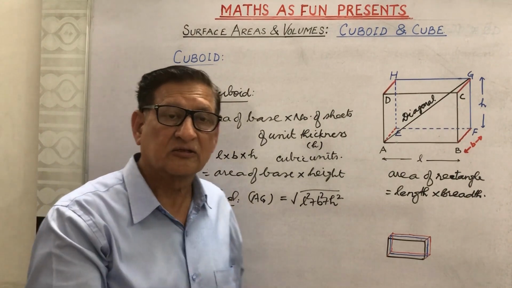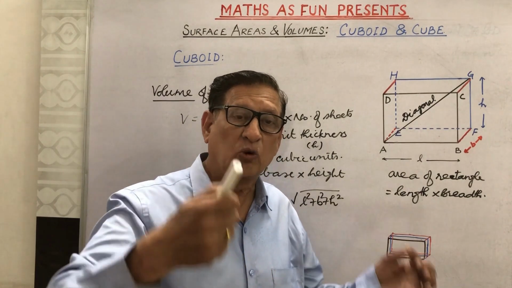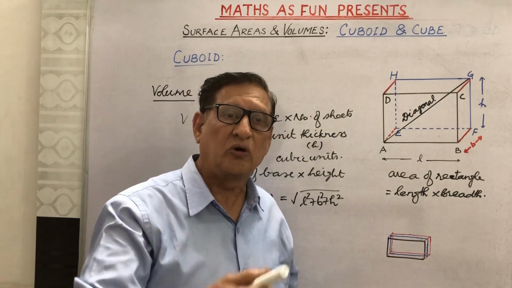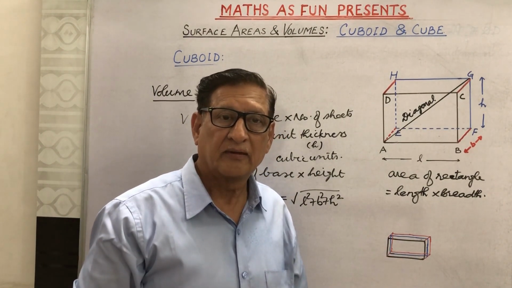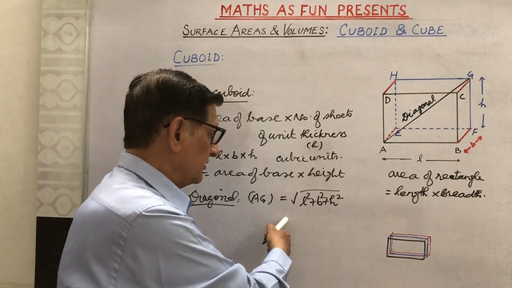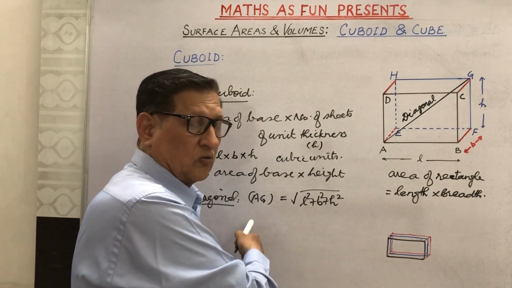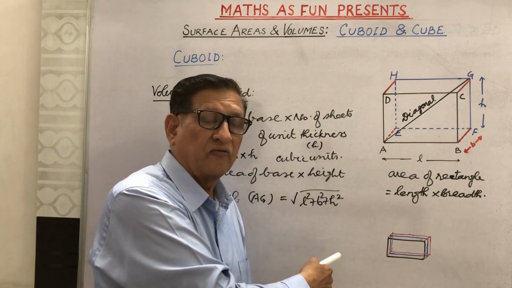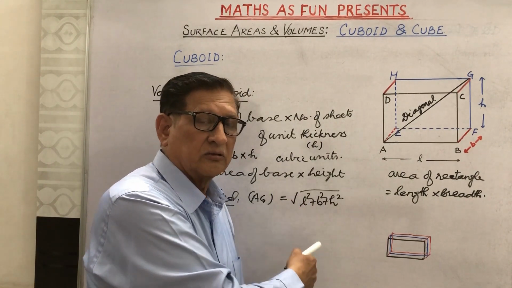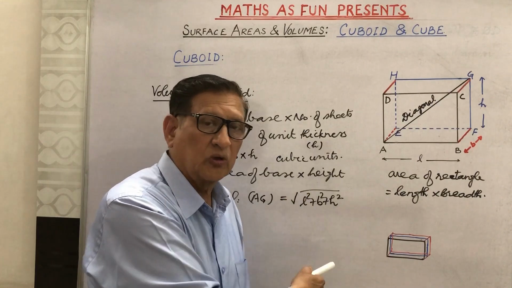Sometimes a question is asked, what is the length of the longest rod which can be kept in a box or in a room? Then we can find that by using this formula for the diagonal of the cuboid or the room or the box.